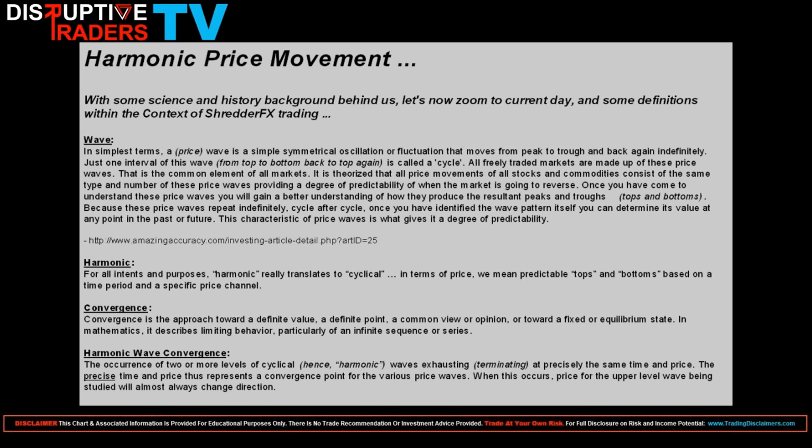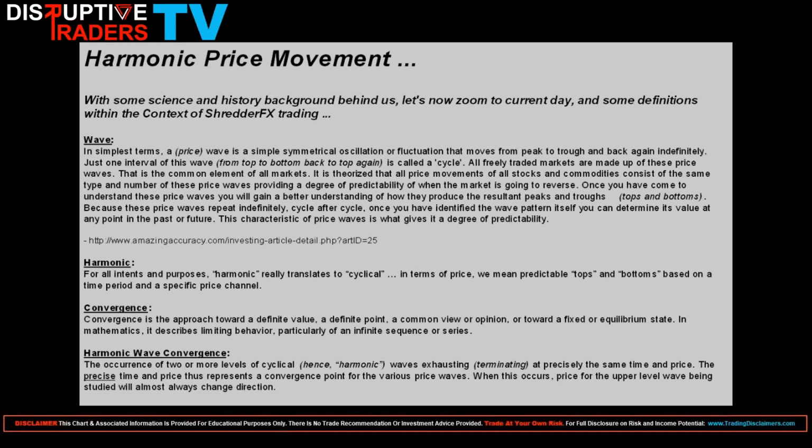All freely traded markets are made up of these price waves. That is the common element of all markets. It is theorized that all price movements of all stocks and commodities consist of the same type and number of these price waves, providing a degree of predictability of when the market is going to reverse.